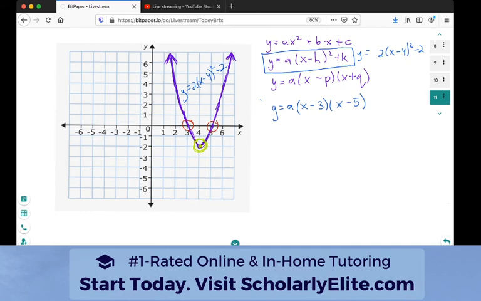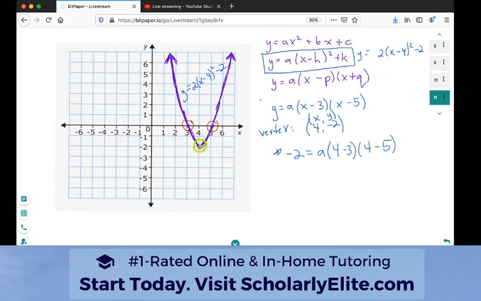So the vertex, as we recall, is positive 4 and negative 2. I'm just going to plug those in as x and y. Okay, guys? So let's go ahead and do that. Sorry, my bad. Negative 2 is a times 4 minus 3 times 4 minus 5.